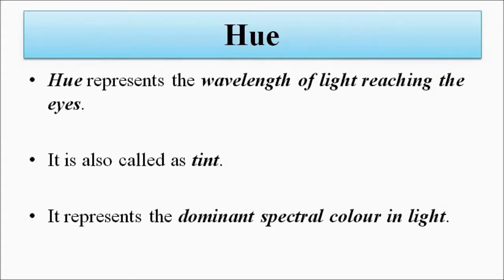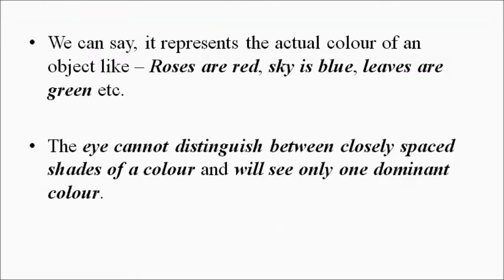So the dominant wavelength which reaches the human eye, that is called hue. Now it is also called tint. Basically hue is the color of the object that we see, the actual color. Like we say roses are red, leaves are green, sky is blue, like that.